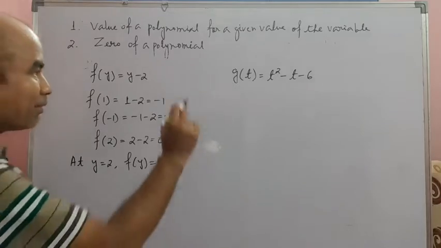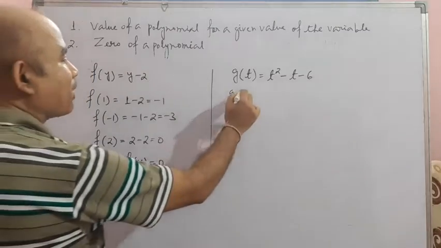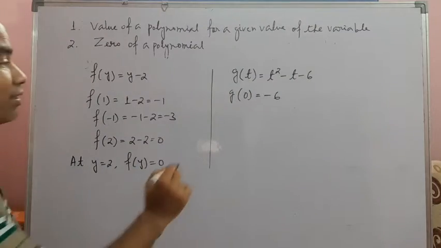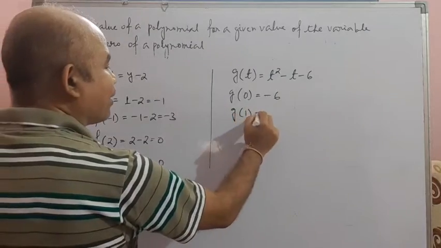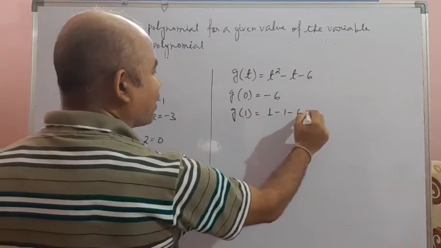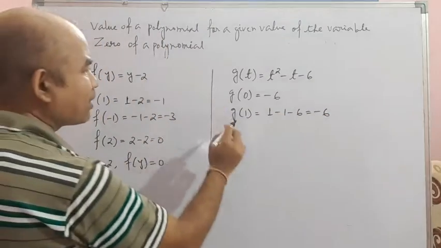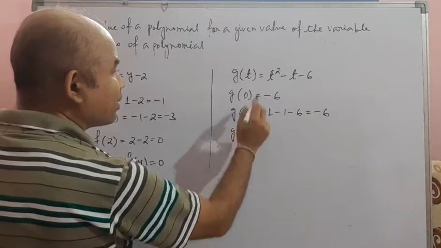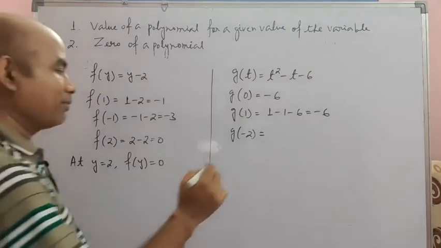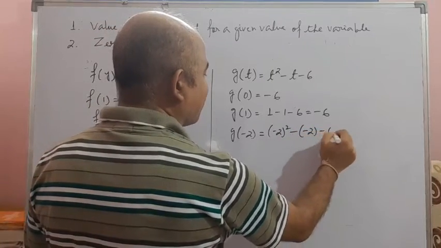Now similarly, let me go to the second polynomial. In place of t, suppose I put 0, then my answer is the constant term, minus 6, as I already explained. Suppose I put 1, that is written as g(1), then I have to write the coefficient 1 minus 1 and minus 6, so that will be minus 6. Suppose I put t is equal to minus 2, let me calculate g(minus 2). Then minus 2 square minus minus 2 minus 6.